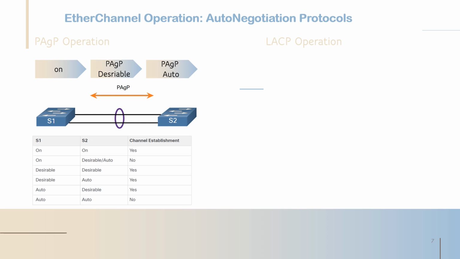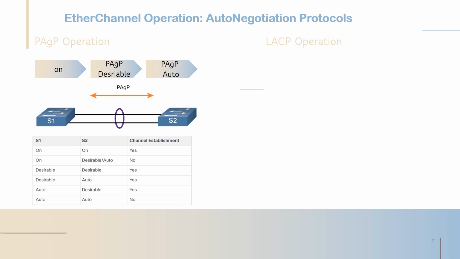It allows a switch to negotiate an automatic bundle by sending LACP packets to the other switch. It performs a function similar to PAgP, but because LACP is an industry standard, it can be used to facilitate EtherChannels in multi-vendor environments. On Cisco devices, both of these protocols are supported.